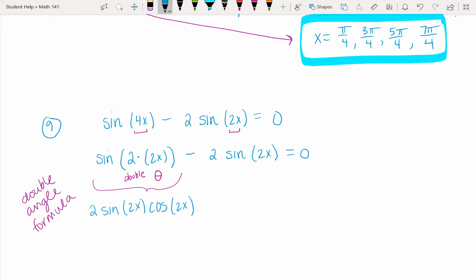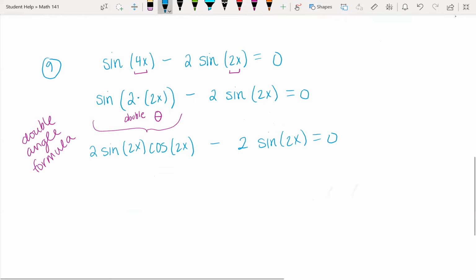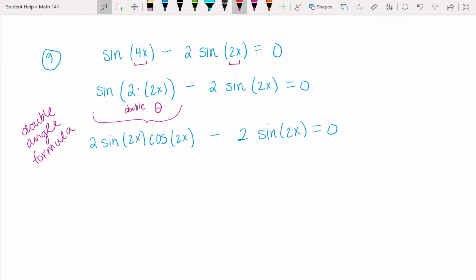And then we'll leave the second term alone. Now, both of these two terms have some things in common that could be factored out to the front. So I'm going to factor out a 2 sine of 2x out of both terms.